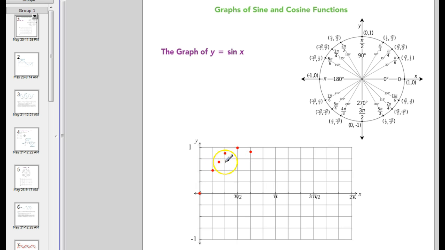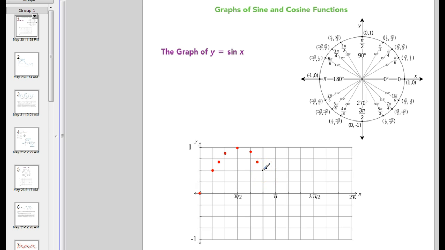And then that's going to be 3 pi over 4 right there, right between pi over 2 and pi. So I would hit about right there, a little bit below the 0.75. Alright, and then again I'll be at 1/2 at 5 pi over 6, which is pi over 6 less than pi. So I'd be back at a half.